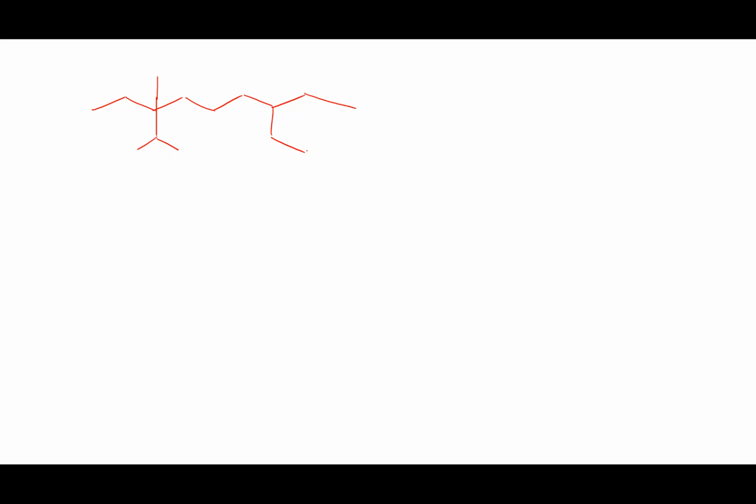Now, what is that 9 longest chain? If I start here, how should I go? You can go straight across. Okay. I'll go straight across. So there's 9 carbons in that chain.